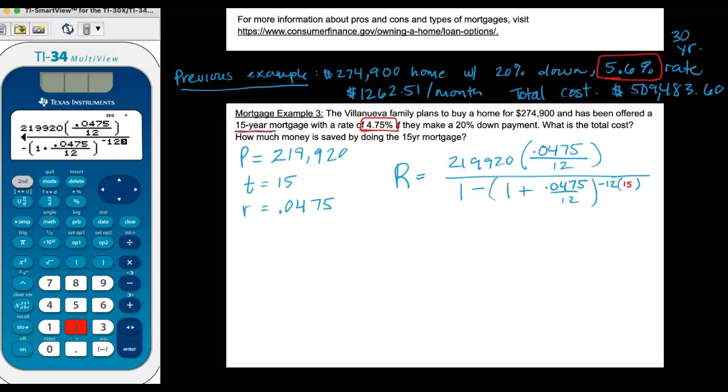Make sure you press the negative button and not the subtraction button. Negative 12 times 15 power, and you can use parentheses here or a multiplication symbol, either way.